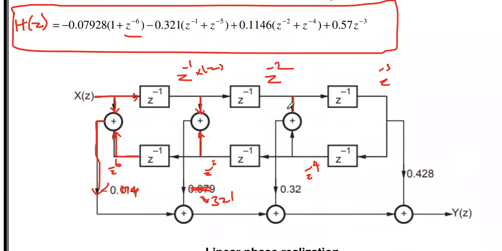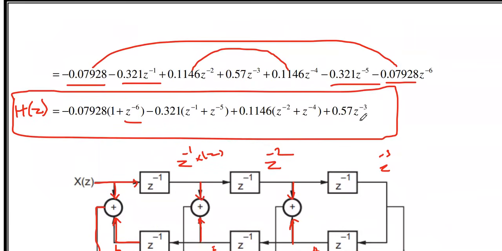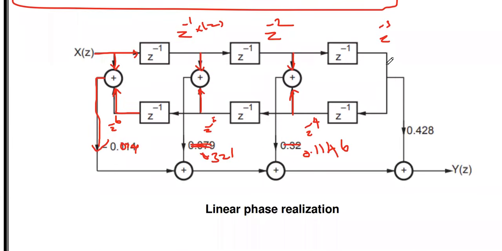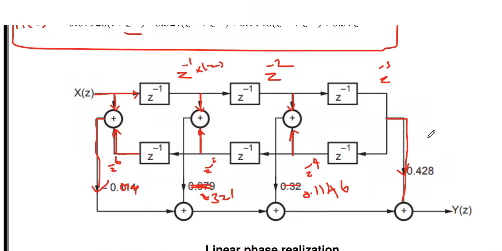This is z power minus 2 and this is z power minus 4. We multiply it with the constant 0.1146. Then finally the last one, 0.57 into z power minus 3. Here z power minus 3 is available, and that value we multiply with 0.57.